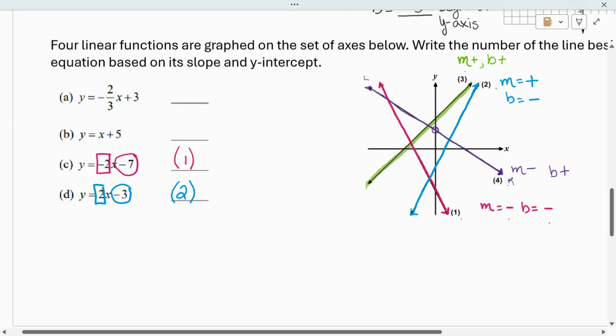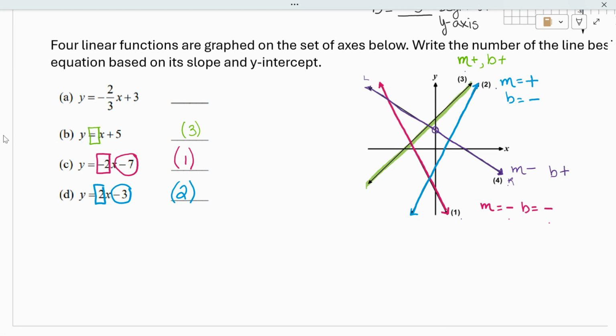Okay. What about graph number 3? Graph number 3 is what color? Green. Graph number 3. So I have a positive. What do you think, Owen? I obviously am leaning towards saying that it's B. You're exactly right. It is letter B. There is no number attached to the X. We know that if there's no number there, that means it's a what? It's a positive 1. Good job. And my y-intercept is positive 5.